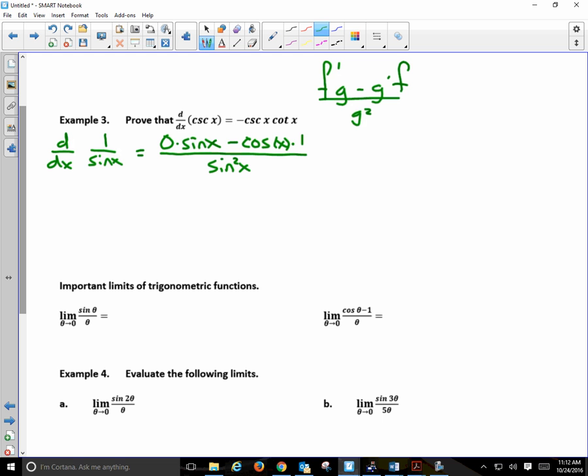Now I have to make that look like negative cosecant cotangent. Can somebody tell me how I can start to make that look like negative cosecant cotangent? Okay, so I'll rewrite it as negative cosine of x over sine squared of x. Great. Now what?